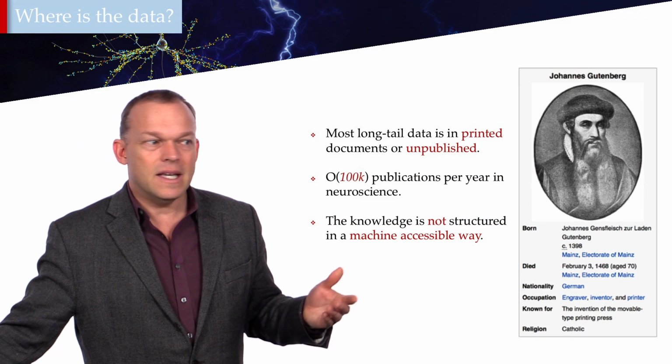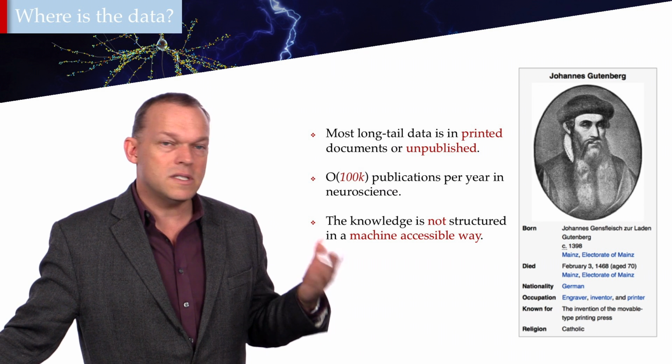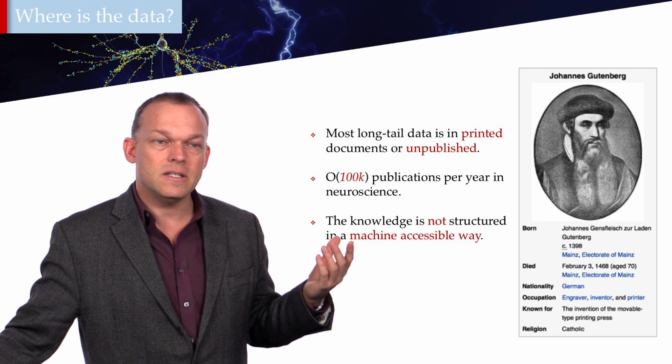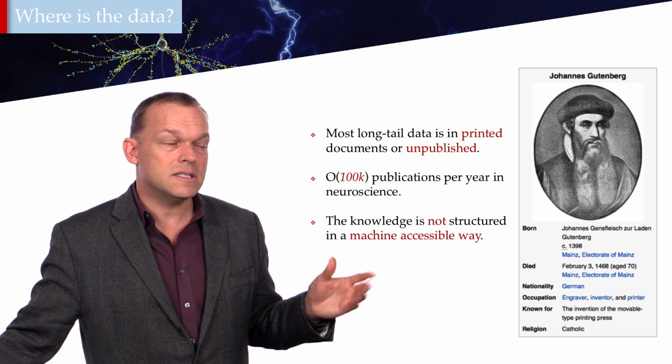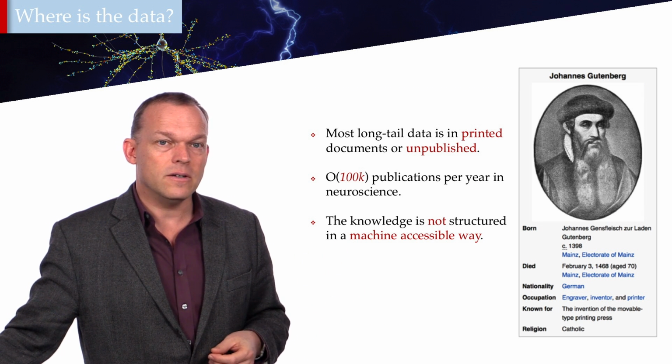So where is the data? And this is actually a massive challenge for neuroscience because most of the so-called long-tail data is actually in printed documents or it's unpublished. There are about 100,000 publications each year in neuroscience.